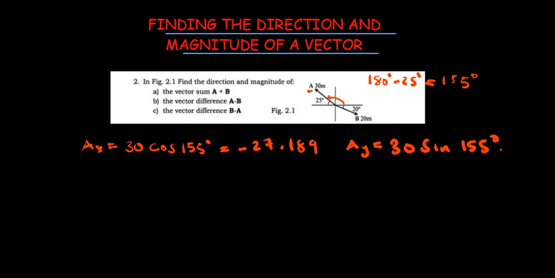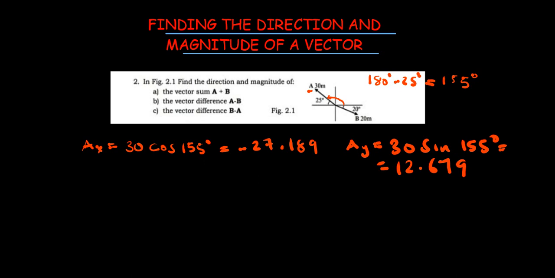When I punch that into my calculator, I get 12.679 to 3 decimal places. Right, so that is my y component.